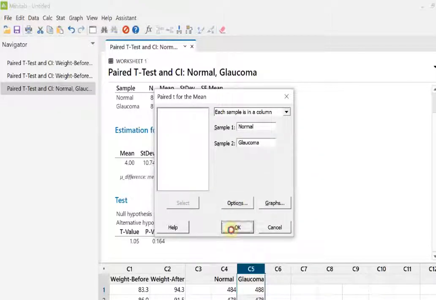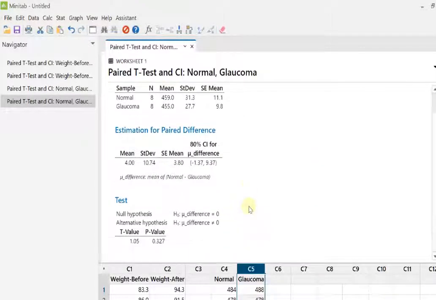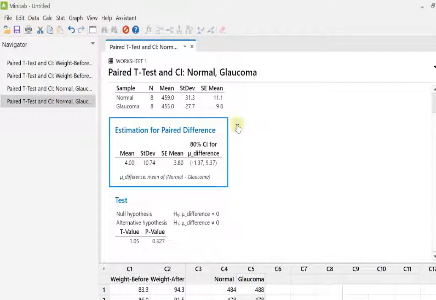Hit OK, OK, and this is actually now the correct confidence interval. That's the one I had in my notebook. Okay, and there you go. So it's pretty easy when you do it in Minitab.